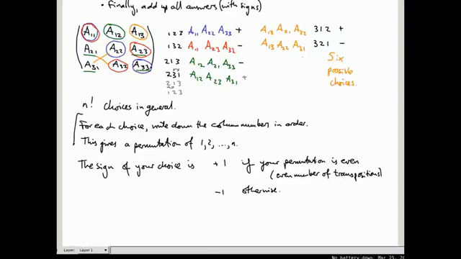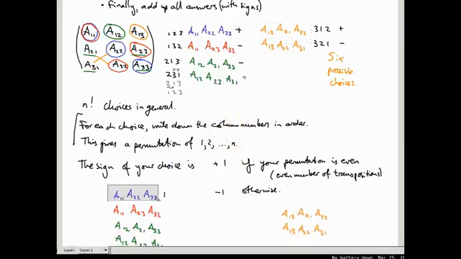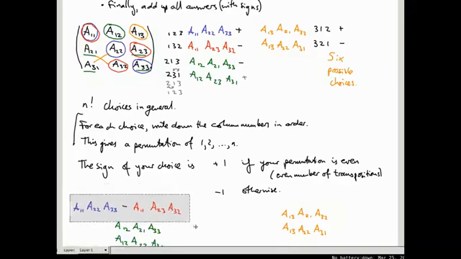Okay, so the determinant of a 3 by 3 matrix is therefore, let me get all the terms together. It's A11, A22, A33 with a plus sign, and then minus the next term, so minus A11, A23, A32, and then what was this?